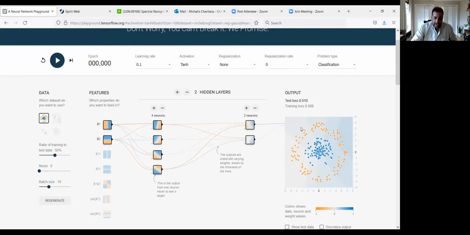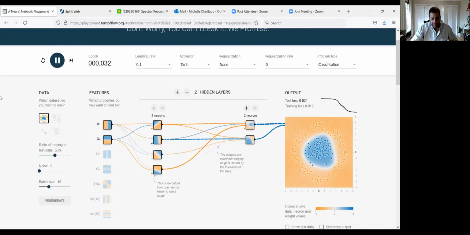The dots here are data points, and the background is the prediction of the neural network. I have this architecture here. Now, I can control the learning rate, the activation function, and so on. If I run it, I see that the network quickly, after 100 epochs, realizes that this data belongs to this class, orange, and this data to this class, blue.